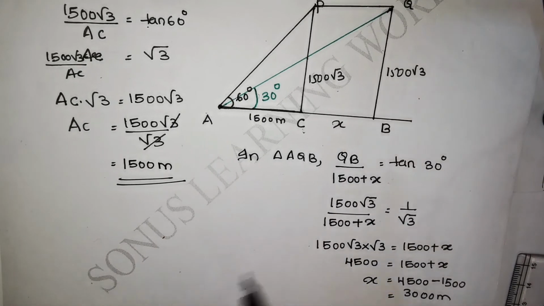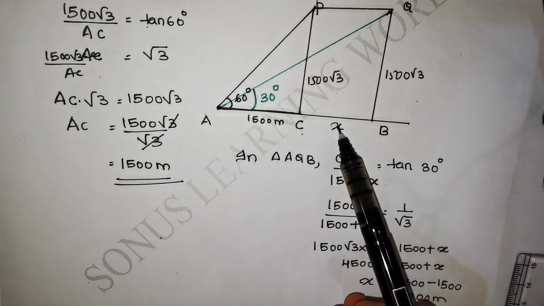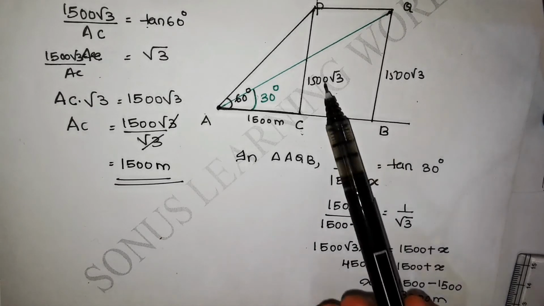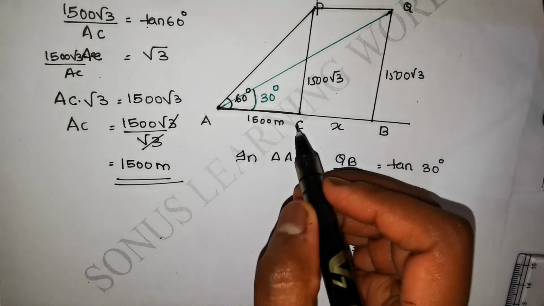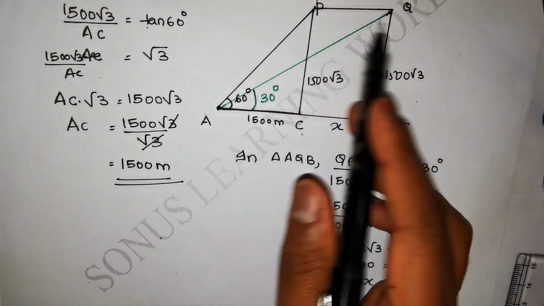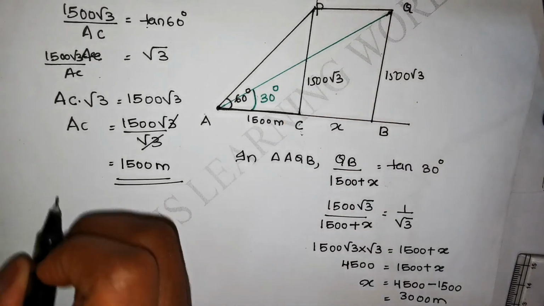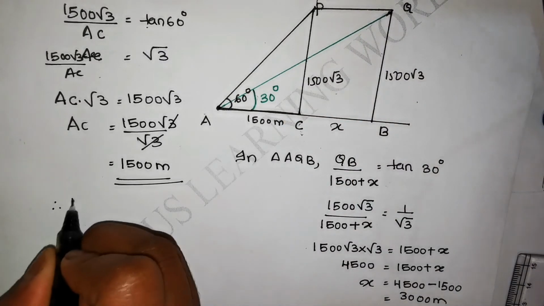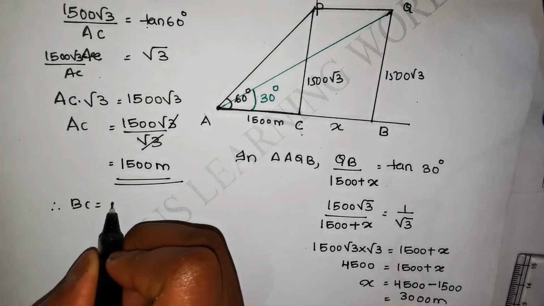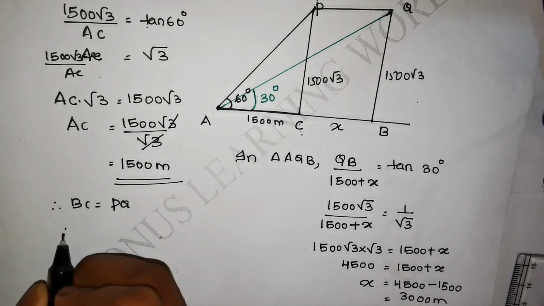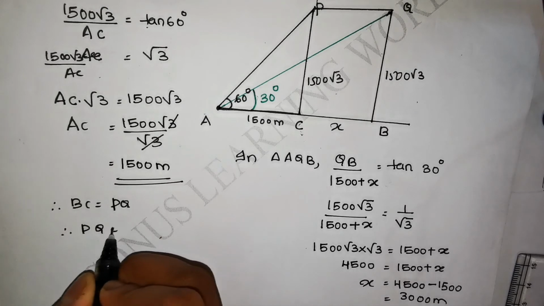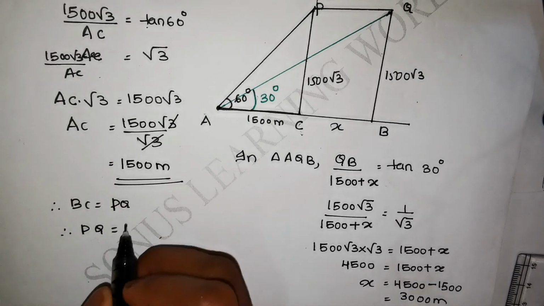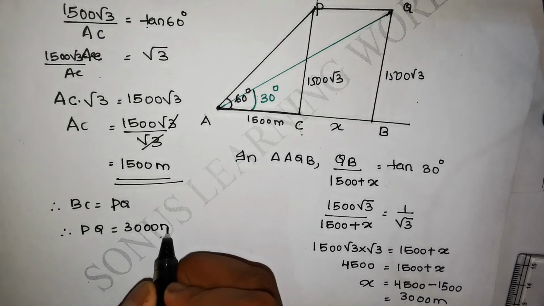We got the value of x as 3000. So PQ is equal to 3000. BC and PQ are the same, therefore PQ is equal to 3000 meter.